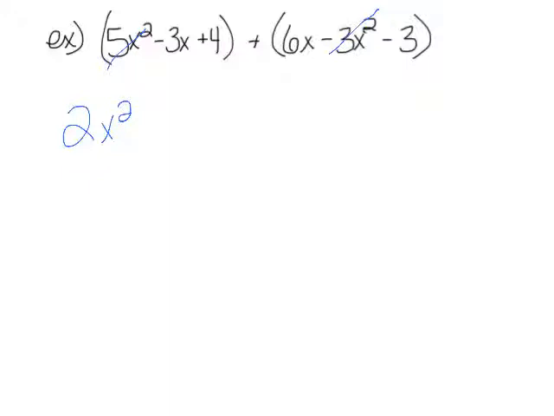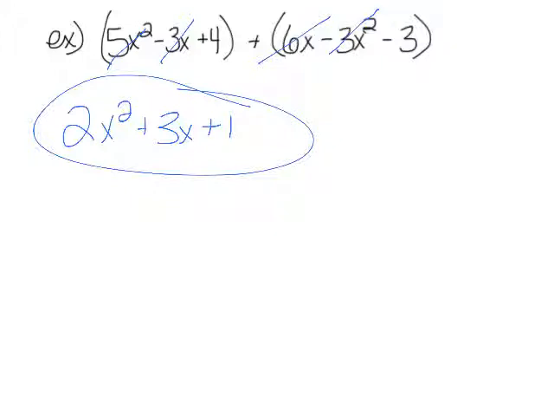Then I have a negative 3x plus a 6x, which gives me positive 3x. And I'm going to cross those terms off. And then I have 4 plus a negative 3, which is just leaving me with 1. So my final answer is 2x squared plus 3x plus 1, and it's already in standard form.